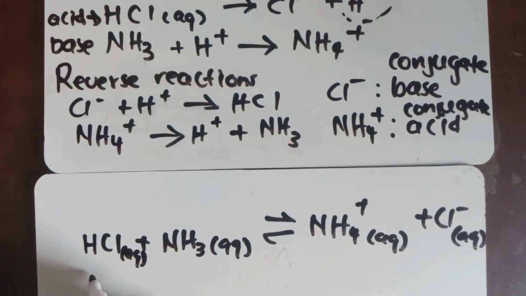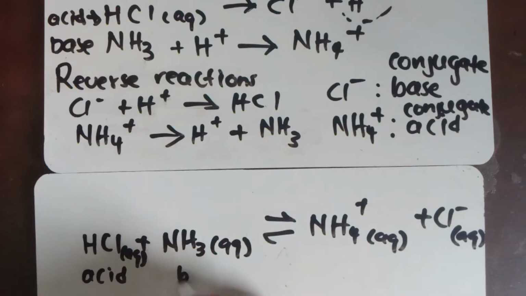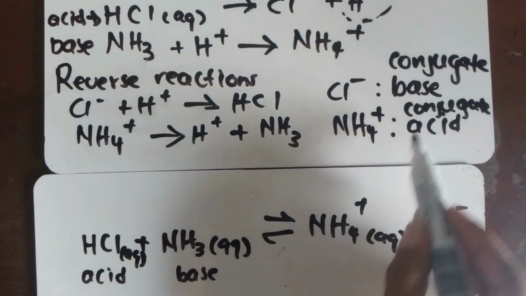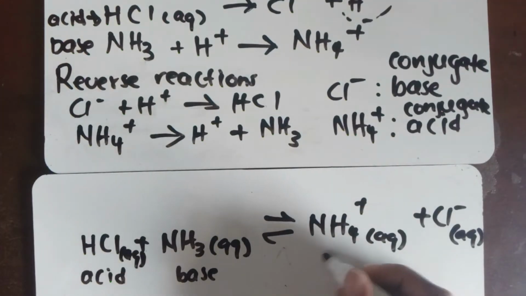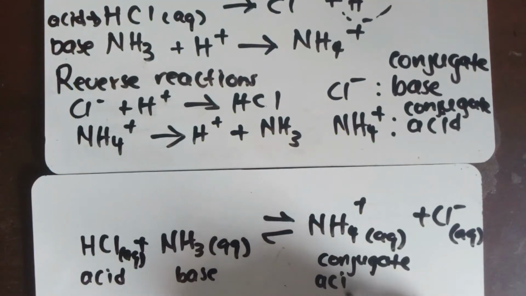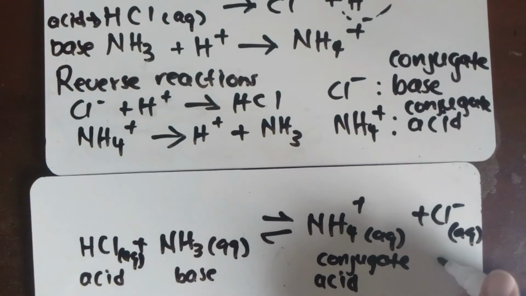So we said that this is an acid, this is a base, and this one we just said is a conjugate acid. And this one would be your conjugate base.